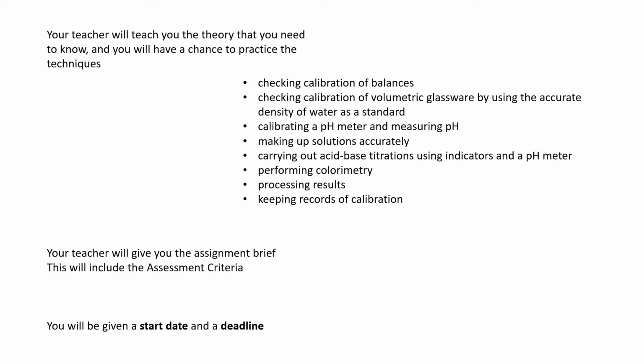You should practice actually doing a titration and performing a colorimetry and practice doing the calculations, putting your results in tables, plotting graphs if you need to, keeping proper records. Before you do the assignment, before you do the task, you should be able to do this stuff.